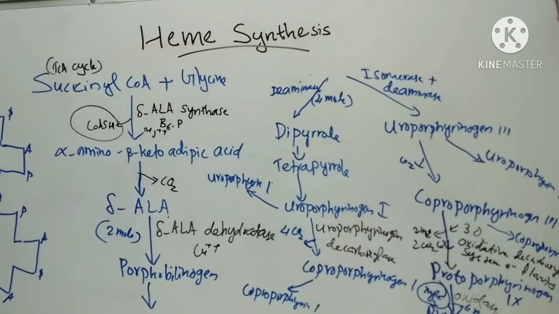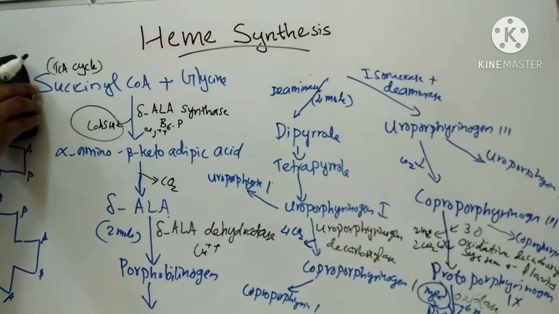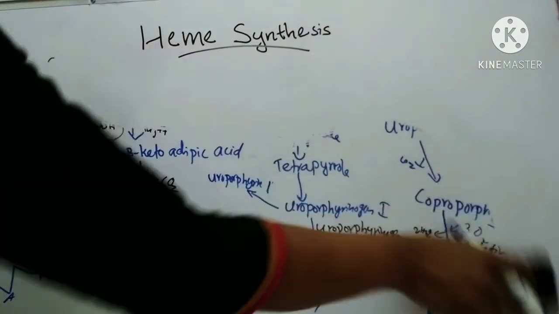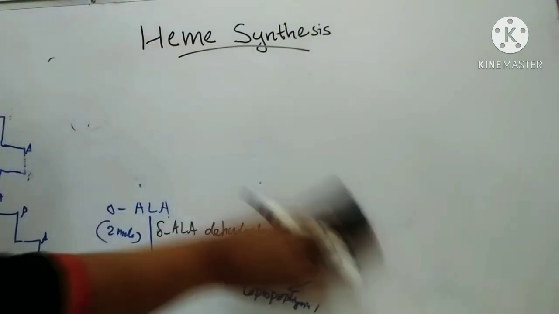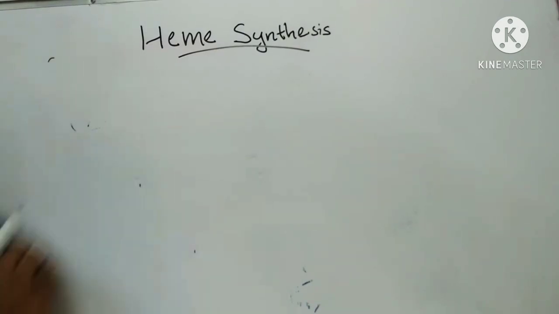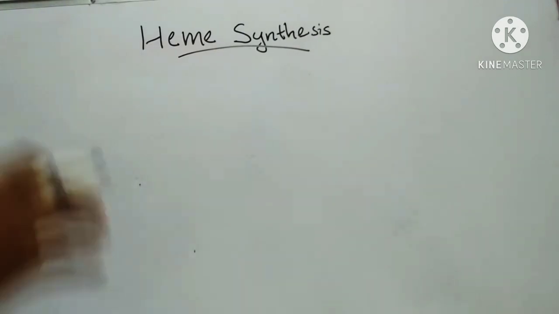Next is the synthesis or formation of heme and hemoproteins, that is intramitochondrial, that takes place in mitochondria. So let's see the reactions. Formation of heme.